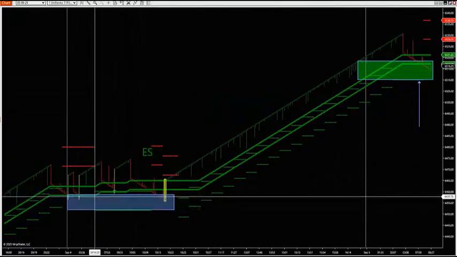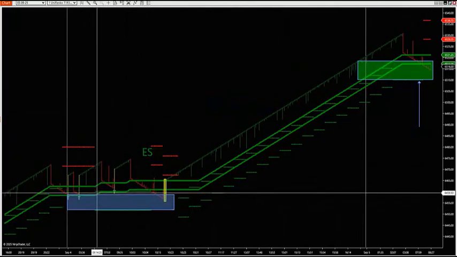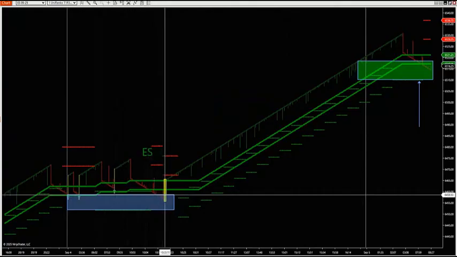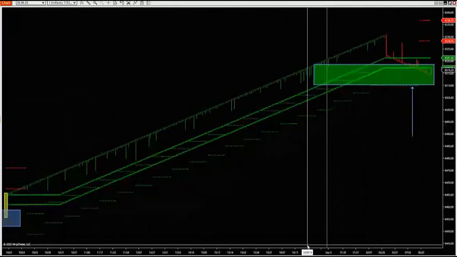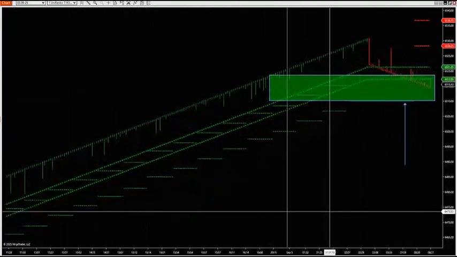Our projected buy zone was projected at 6 o'clock in the morning, 6:14, and then it came right down to it at 10 a.m., 4 hours later. That's how this is a leading indicator. These do not repaint. These are leading zones.